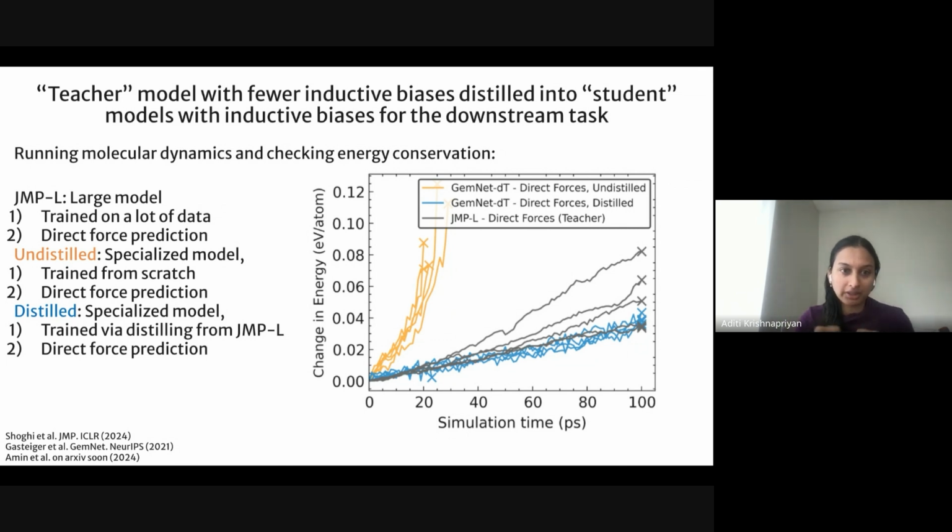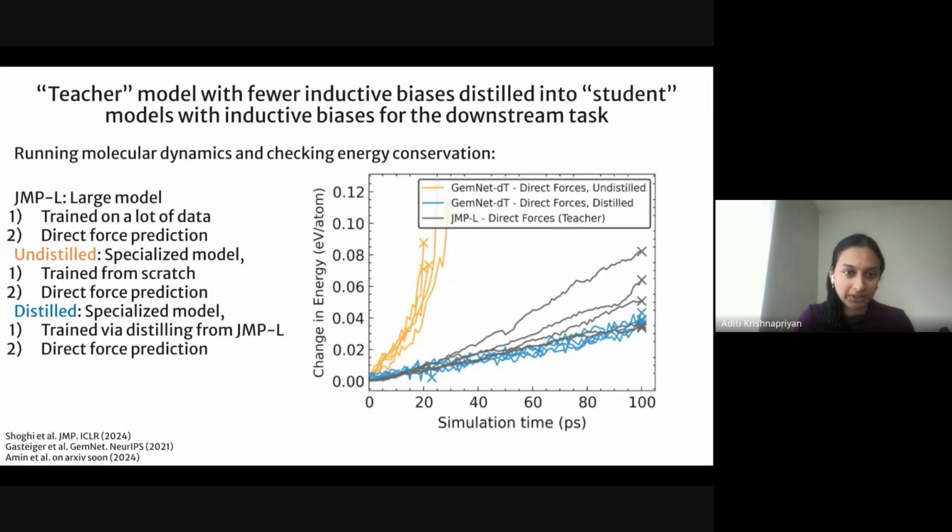And this was trained on a ton of data, and it was doing direct force prediction, which I know a lot of practitioners wouldn't approve of too much, especially for molecular dynamics simulation, because you're potentially losing this nature of a conservative force field. So we took this JMP model, we distilled it into a specialized model. In this case, both the models that we distilled it to also do direct force prediction.